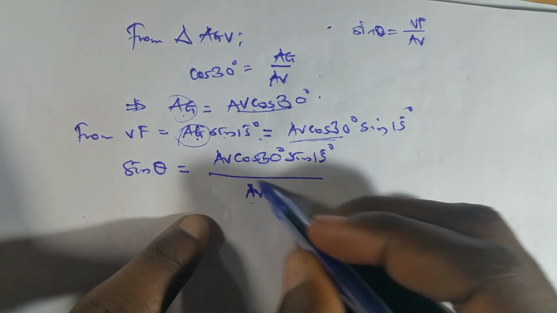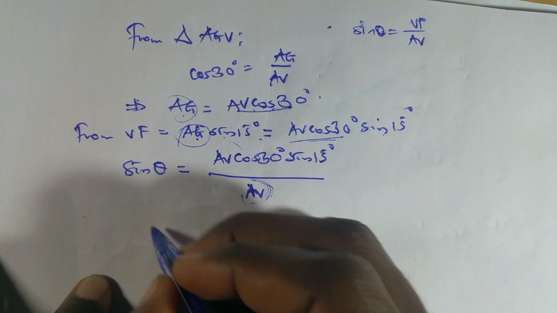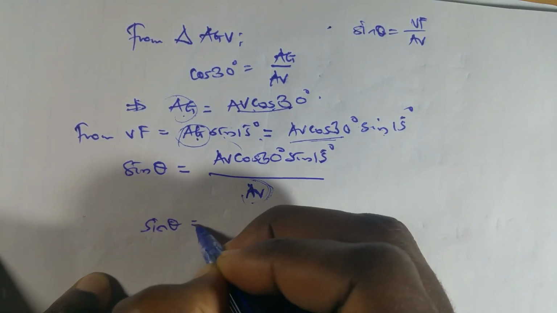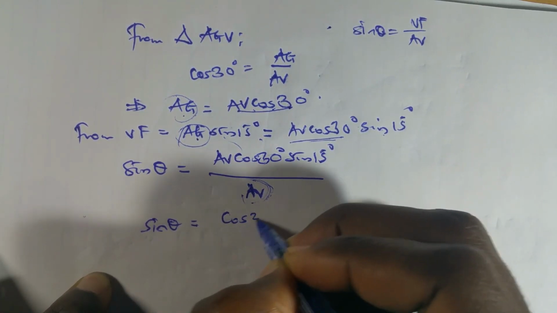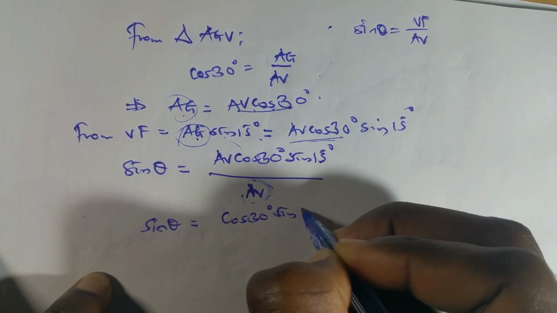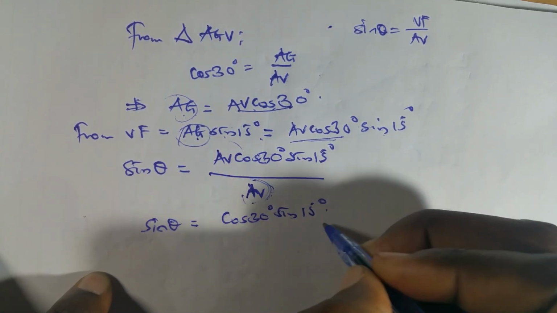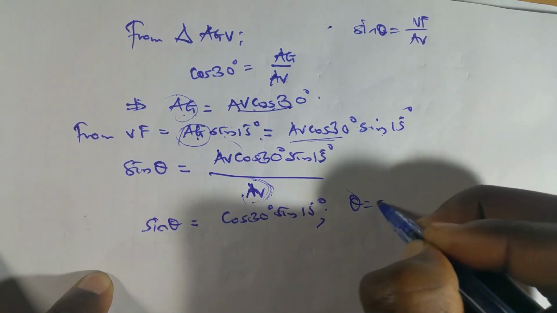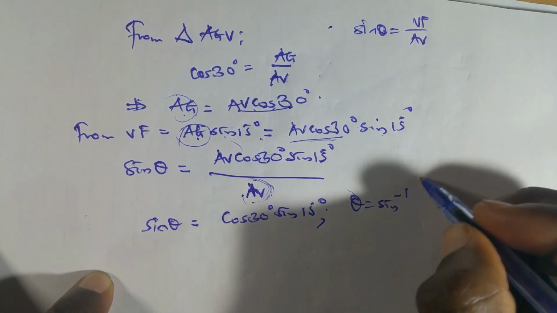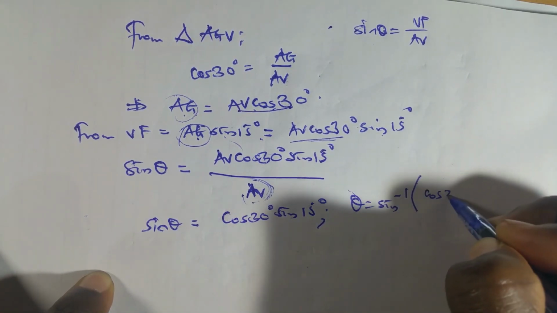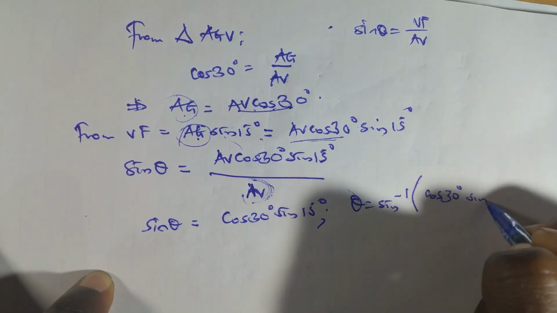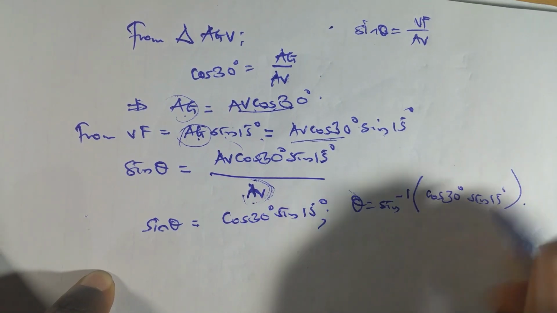We don't have any headache now to look for AV. So our sine theta will actually become cos 30 degrees sine 15 degrees. That implies that theta is actually arc sine, or inverse sine, of cos 30 degrees sine 15 degrees.